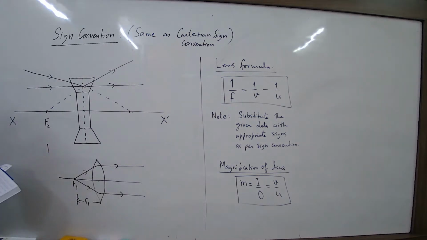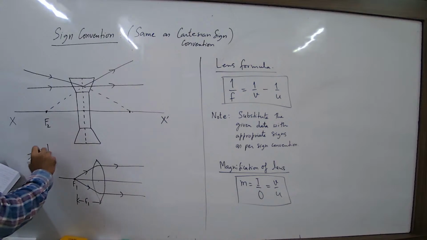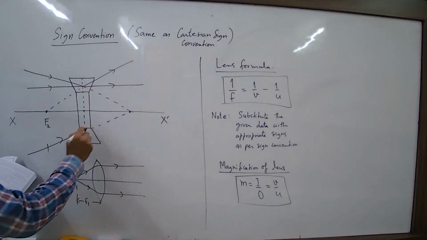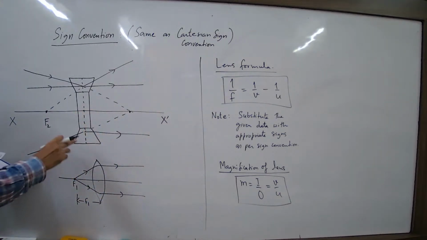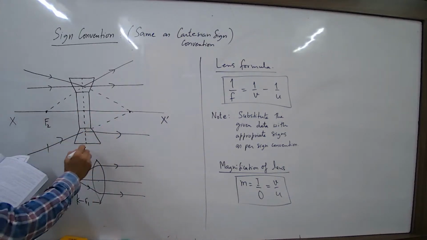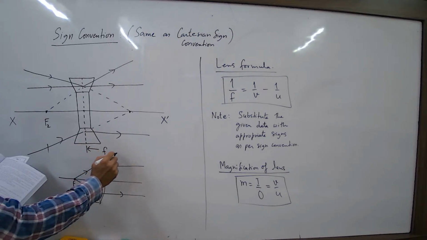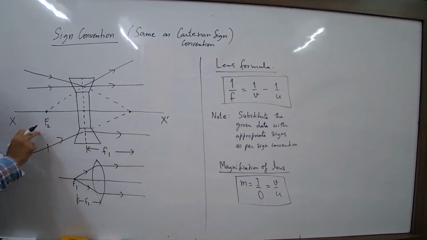Isn't it? So this is the first focus. When the emergent rays are parallel, that's when it is the virtual focus. So this is the first focus in that case. Got it? So this is always the second focus.